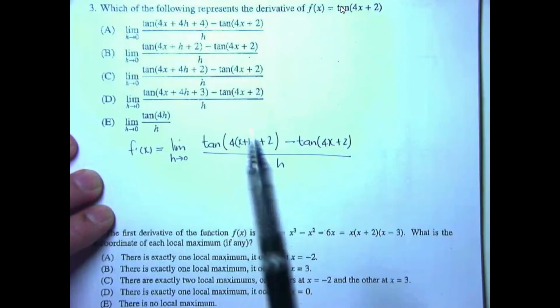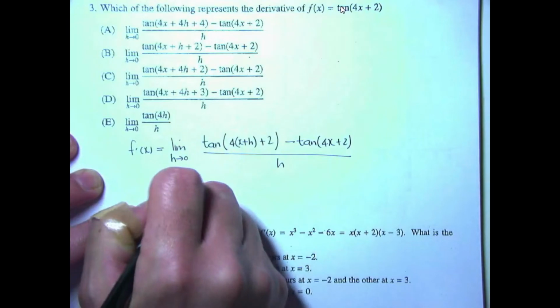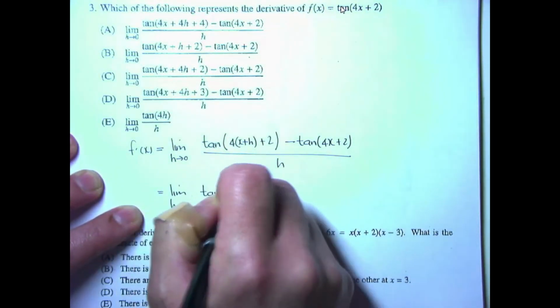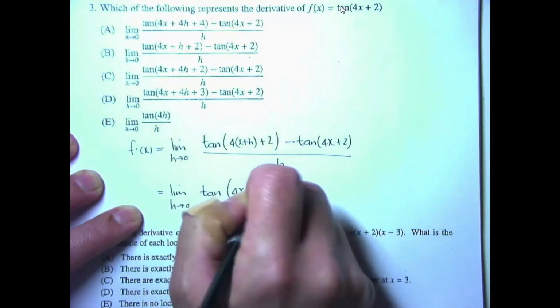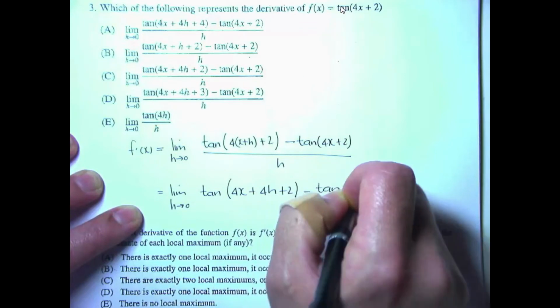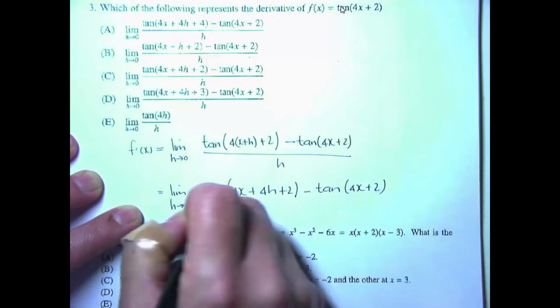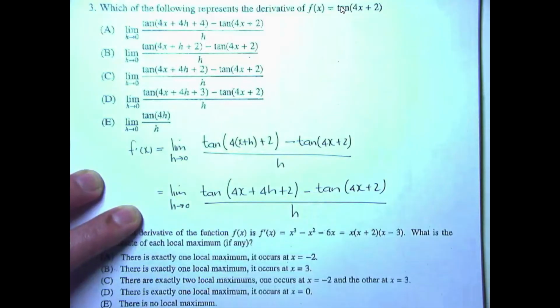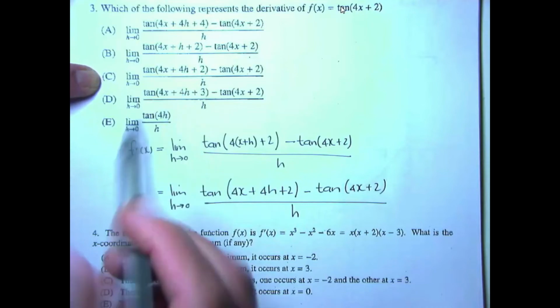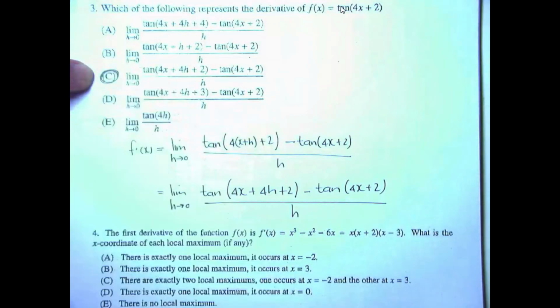We can distribute this 4, and so this will give the limit as h approaches 0 of tangent of (4x plus 4h plus 2) minus tangent of (4x plus 2) divided by h. So the answer that I see here that makes sense is going to be, let me see, is it C? Looks like answer C, right? Let me double check. Yes, answer C.